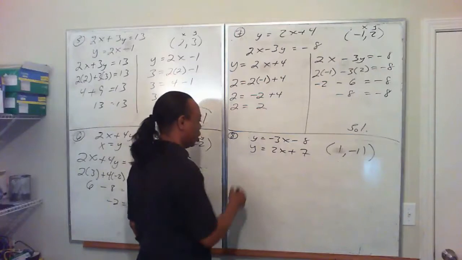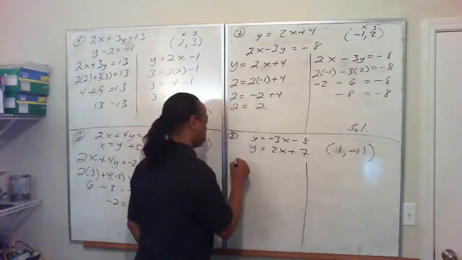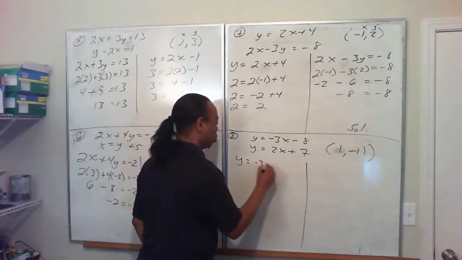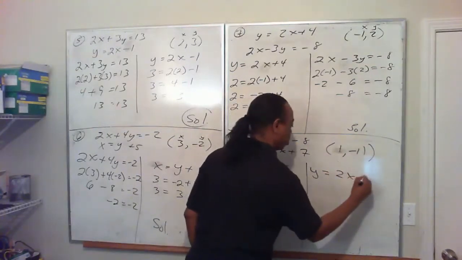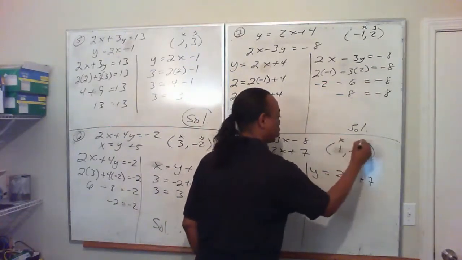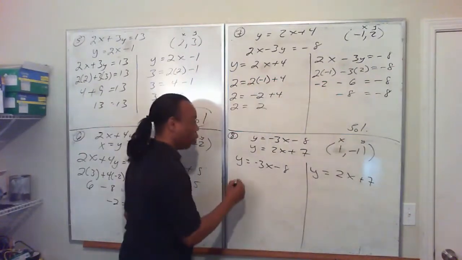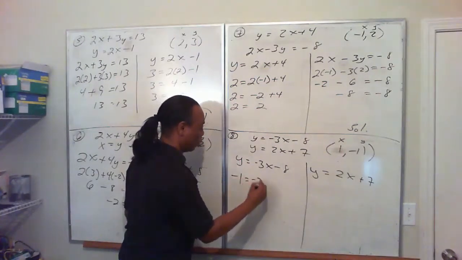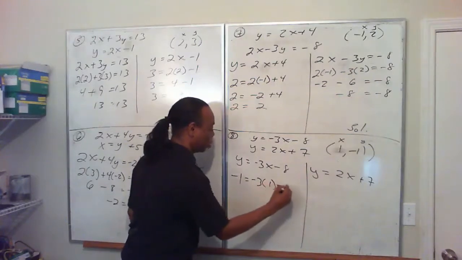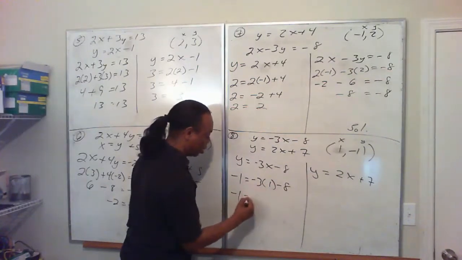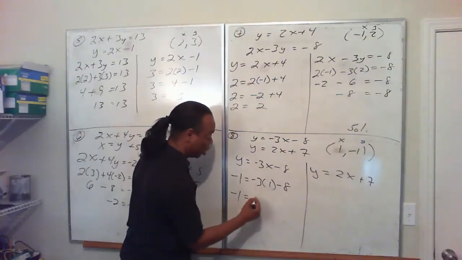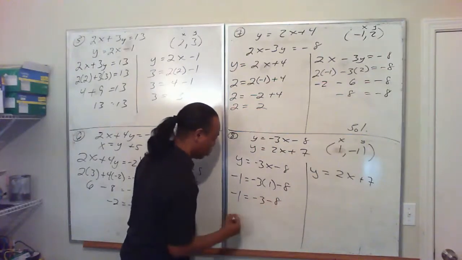Number 8, we're gonna break this up into 2 pieces. y equals -3x minus 8, and y equals 2x plus 7. Remember, this is our x and this is our y. So y is -1 equals -3 times 1 minus 8. -3 times 1 is -3 minus 8.